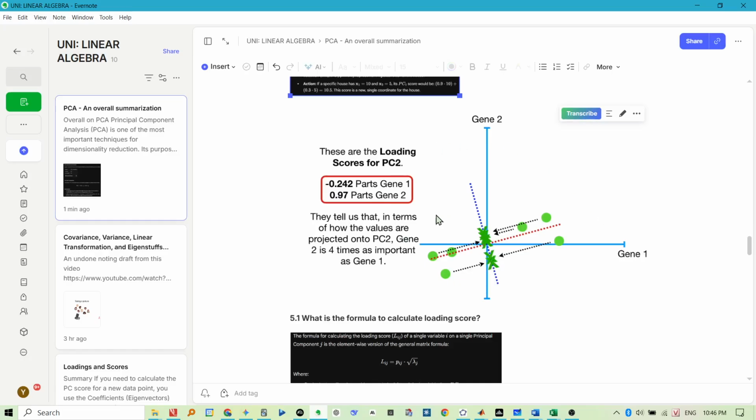So minus 0.242, which means that we will go 0.242 unit to the left, and then we will go up by 0.97 in the upward direction. 0.242 to the left, and 0.97 upwards.